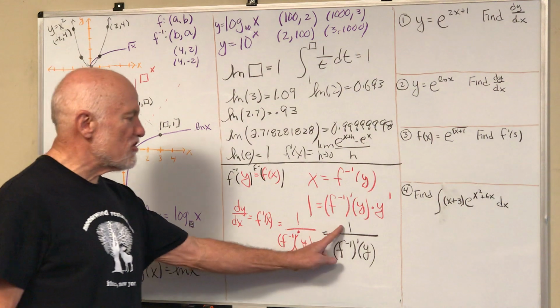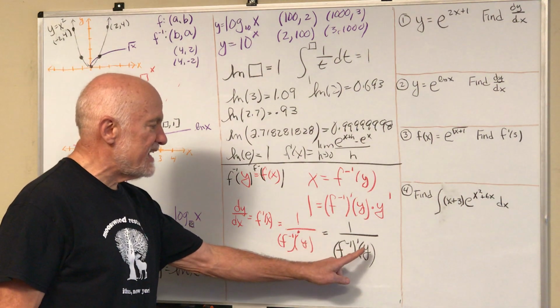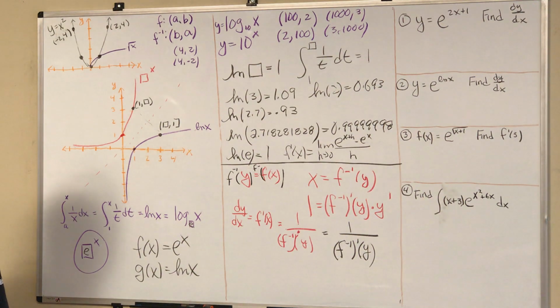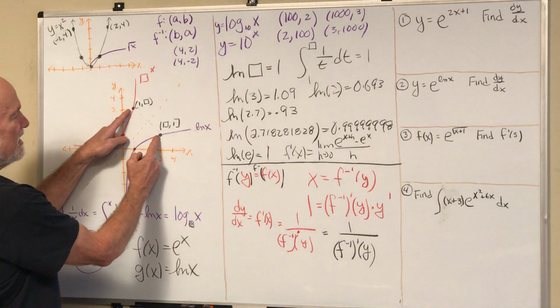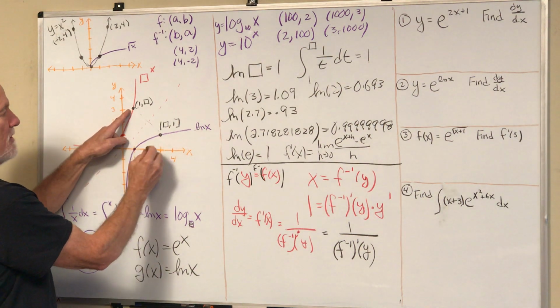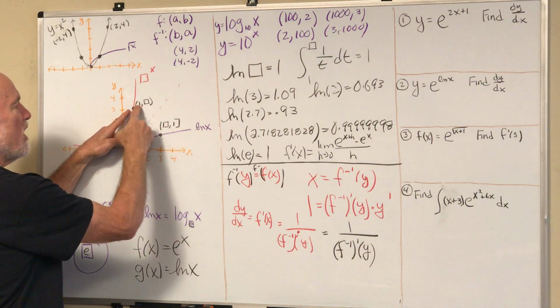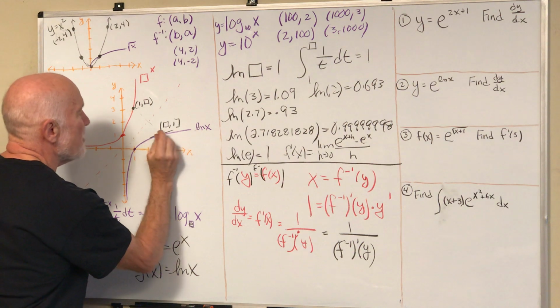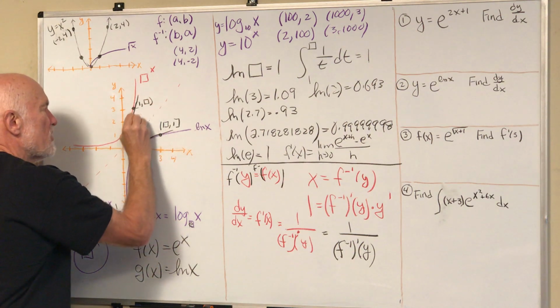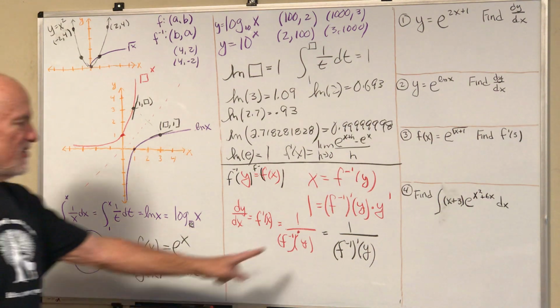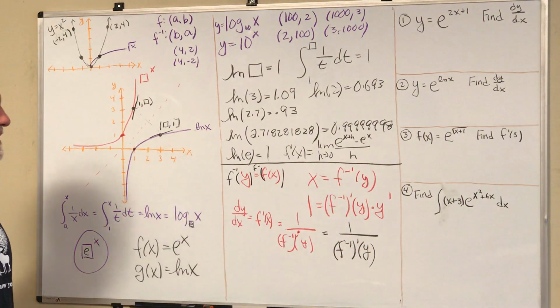It looks like it's just a reciprocal, but notice it's not at x, it's at y. So if you go over here, these two places, e comma 1 and 1 comma e, this slope here is going to be the reciprocal of this slope here. This is a reciprocal relationship.